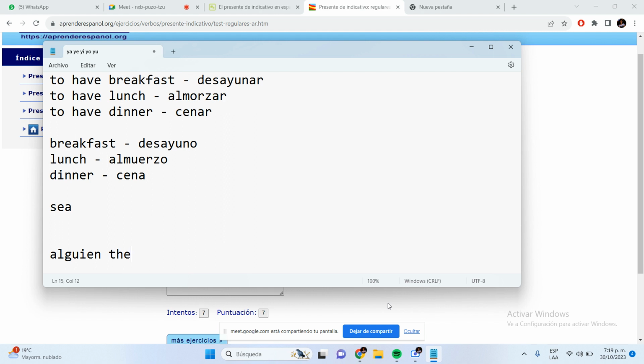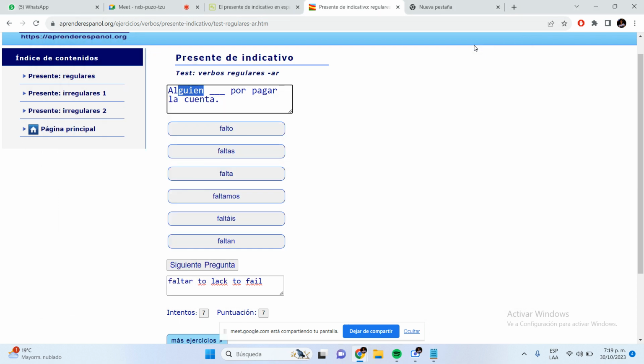Alguien can be he or she, so it can be ella or él. So I'm going to do the conjugation with falta. Alguien falta por pagar la cuenta. Like someone hasn't paid the bill yet.